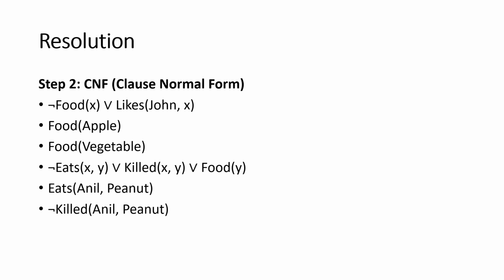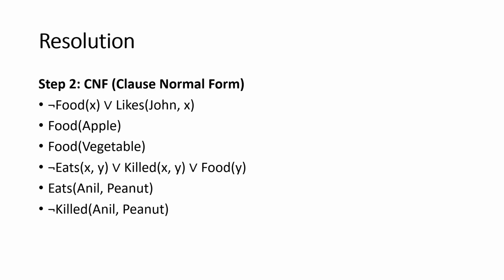That can be used with the symbol called negation of food of X union likes of John comma X, from the first statement that we found from the FOL. The second statement is already there, so we cannot convert it into CNF.